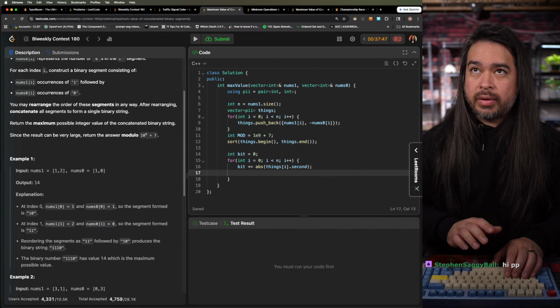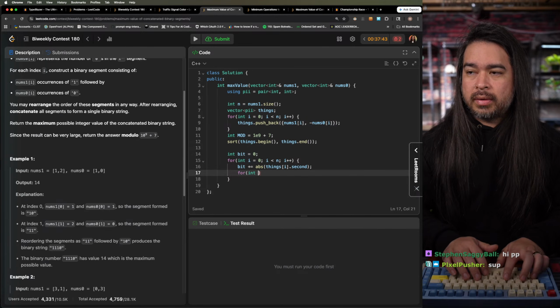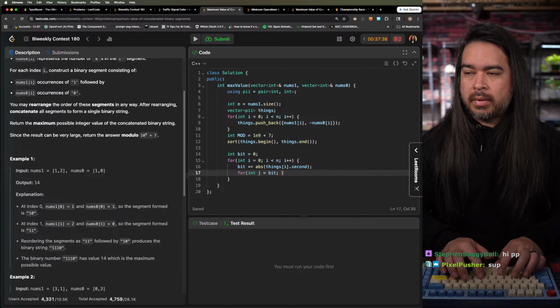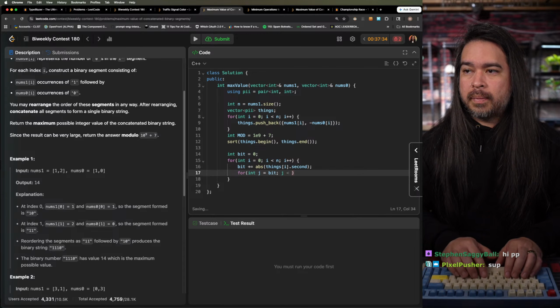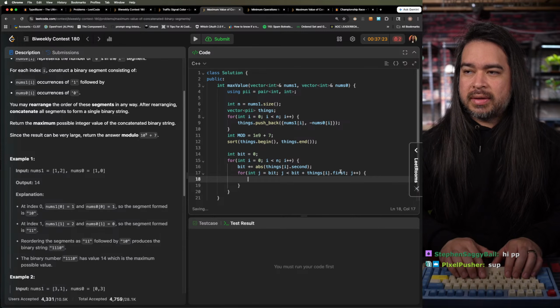And then we want to go through the ones. Iterating through each of these bits.